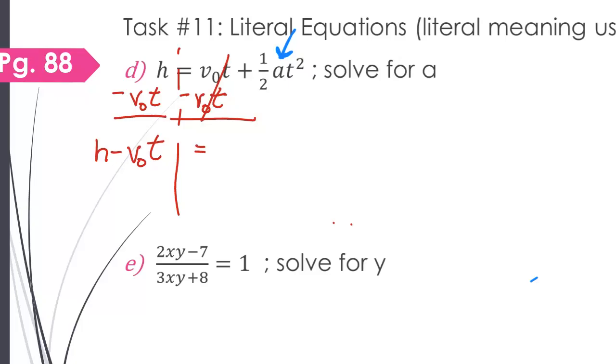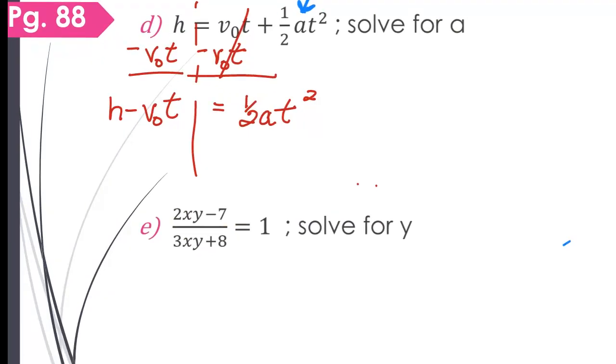And that is equal to my other term, 1/2 times A times T squared. All right. Well, at least I've got A down to one term. What to do next? Who's got an idea? See if we can pick up the pace. What do you want to divide by?